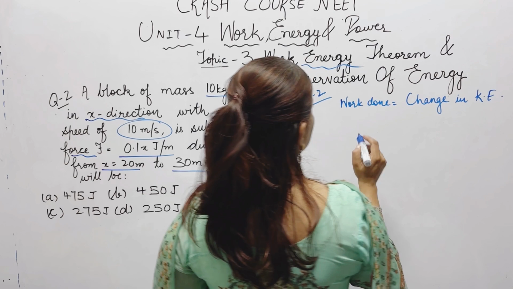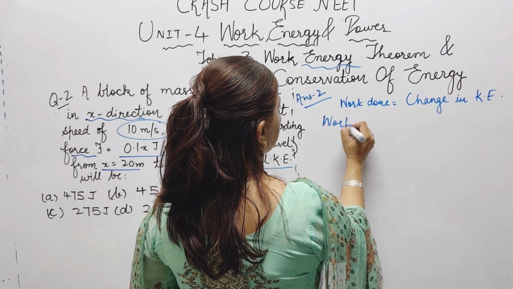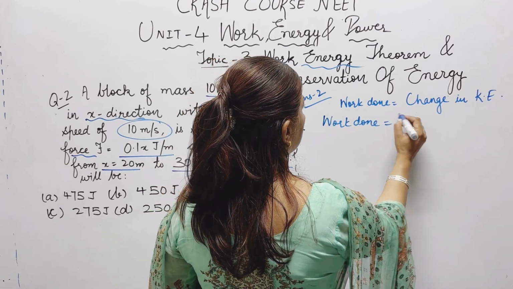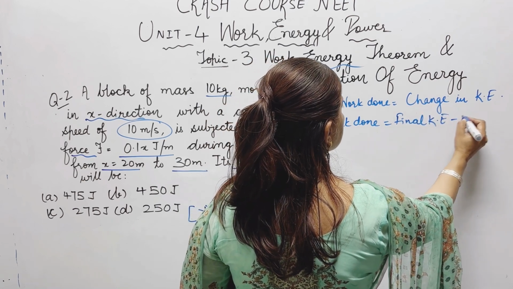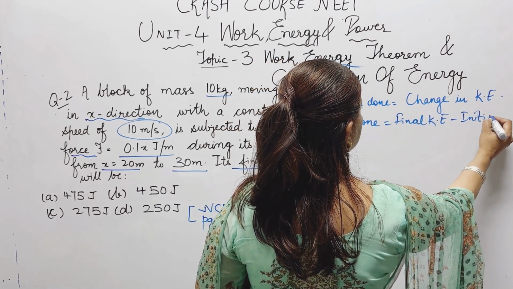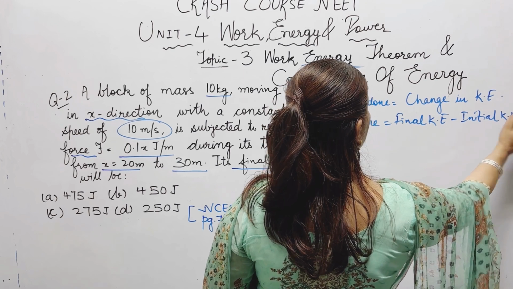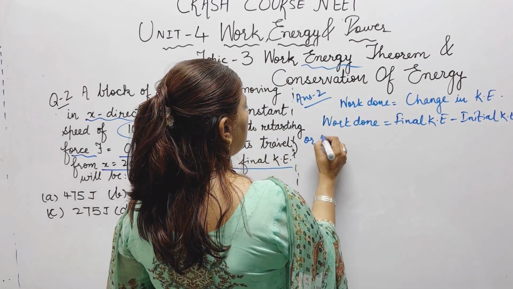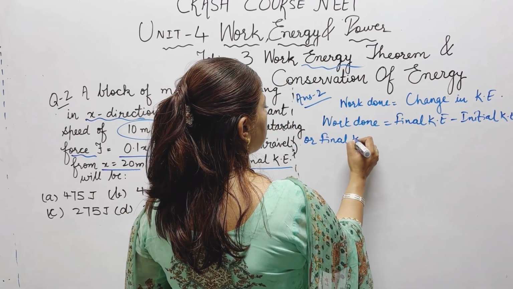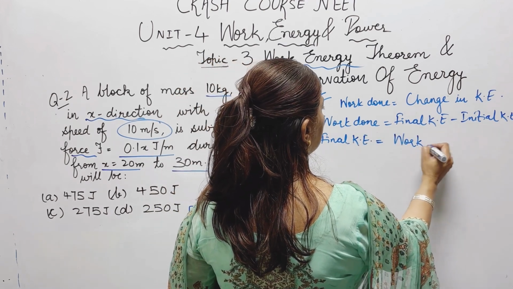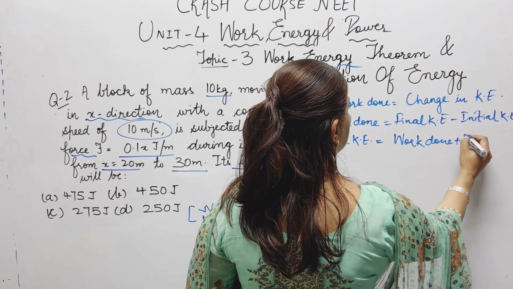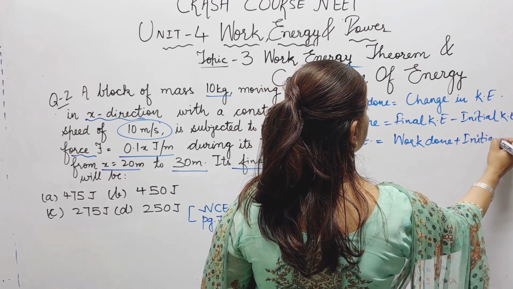So, work done can also be written as final kinetic energy minus initial kinetic energy, or final kinetic energy is written as work done plus initial kinetic energy.